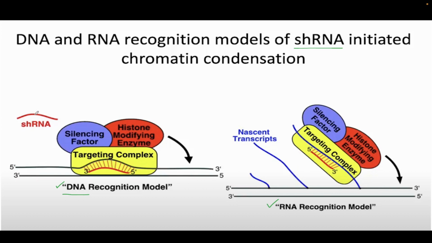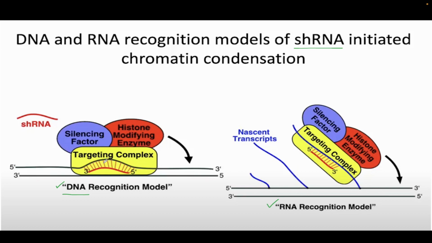So the shRNA will come here and form base pairing, and after that base pairing, this is a double stranded DNA right now, and this unwanted double stranded DNA interacts with the silencing factor, histone modifying enzyme, followed by silencing of that particular gene.